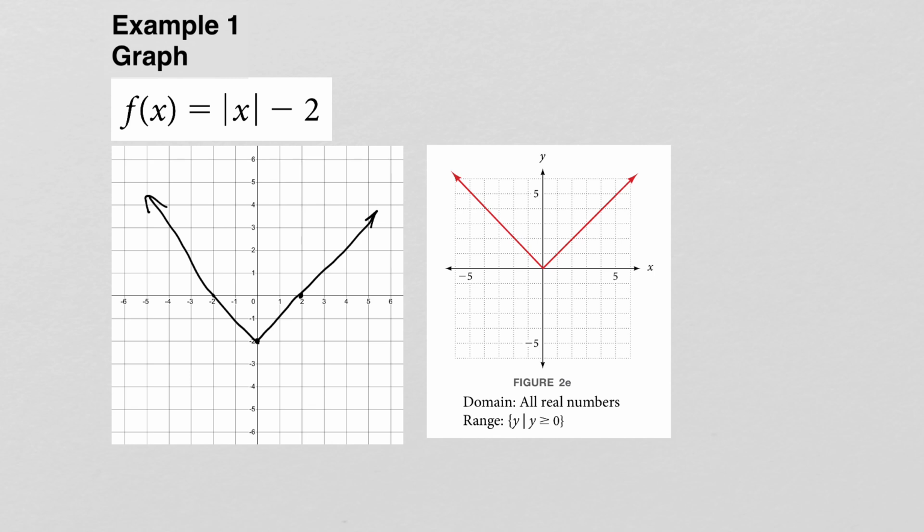Now, as a secondary consideration here, the domain of our new graph is still all real numbers, but the range of our new graph is a little bit different. It's the set of all y such that y is greater than or equal to negative 2. Right? Because there are some y values on this graph that are below 0, but nothing below negative 2.